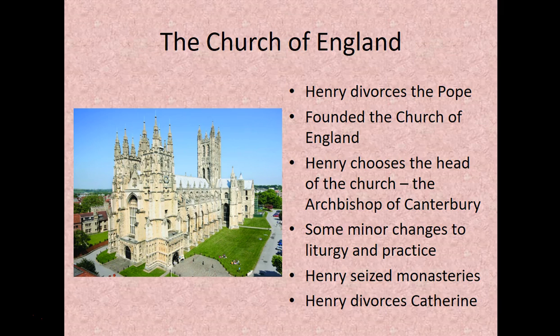And despite this, throughout her lifetime, she continues to call herself Henry's lawful wife and queen until she died in 1536. So, a rather strong woman who really didn't recognize this whole divorce.